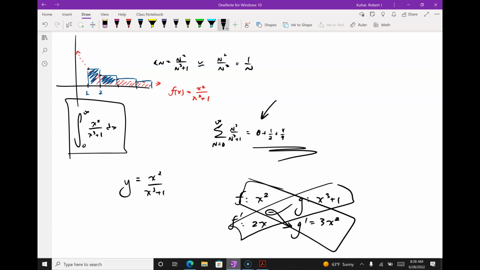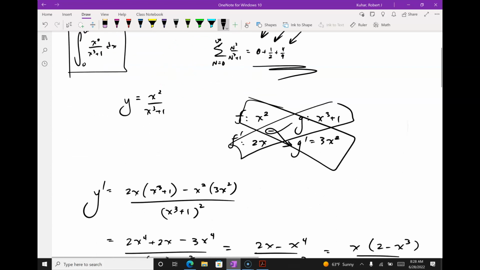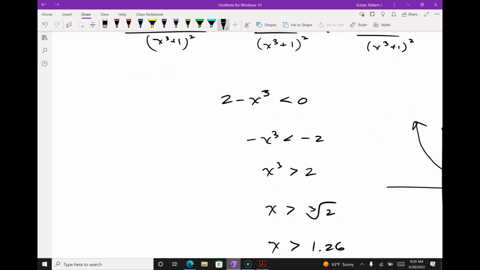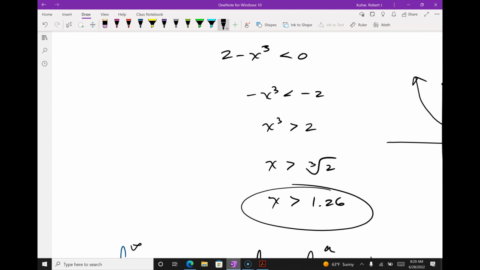My next term, when n was 1, I got a 1/2. They are decreasing after that, but I took my derivative, and I saw that I really didn't get my decreasing terms until x was bigger than 1. So in order to use the integral test, I need things to be decreasing. That's happening when n is 2 and on. So I don't care about the finite number of terms.